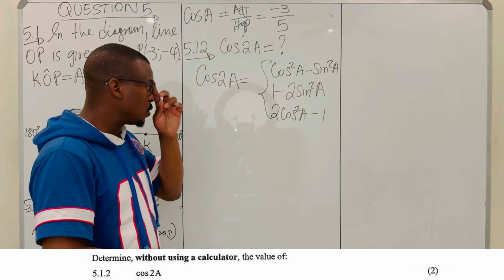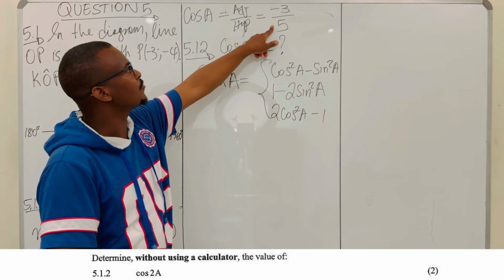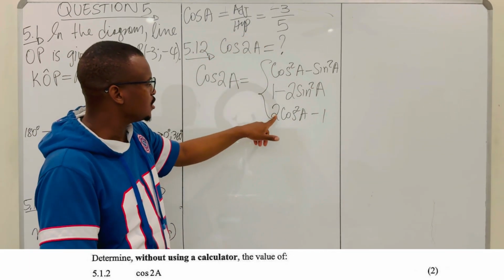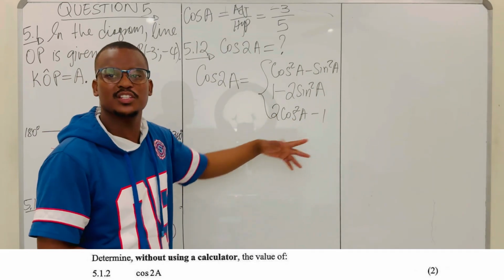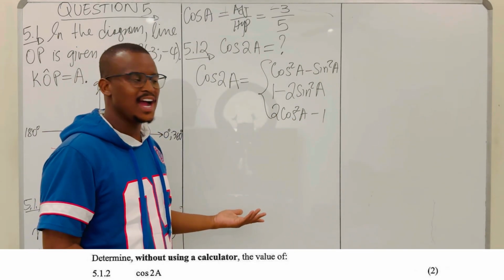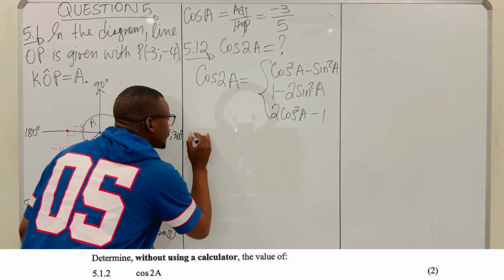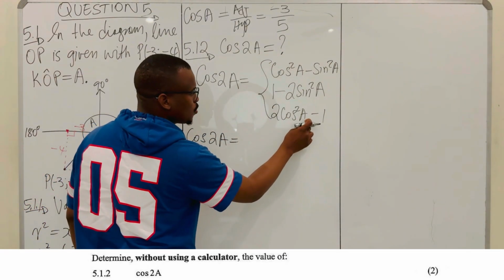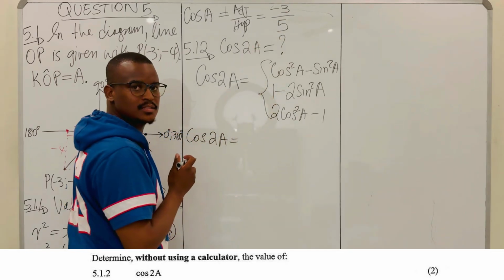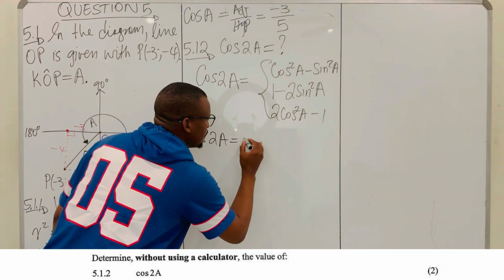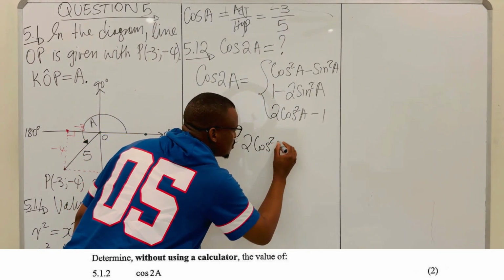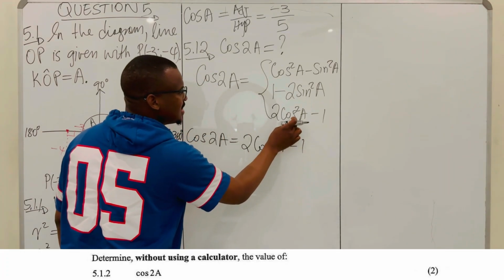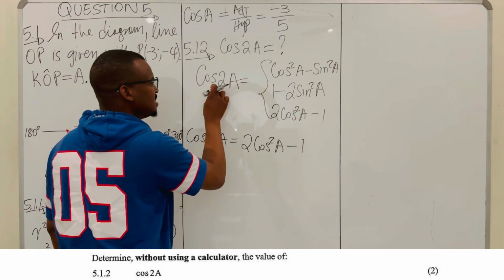But because I already have cos A, if I say 2 times cos A all squared minus 1, it's going to be easy. So I'll say cos 2A is equal to 2 cos squared A minus 1. I'm going to take this identity because this is equivalent to that.